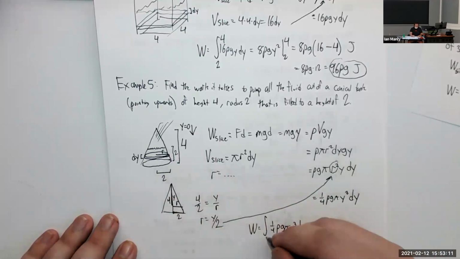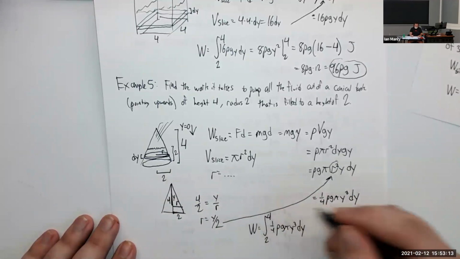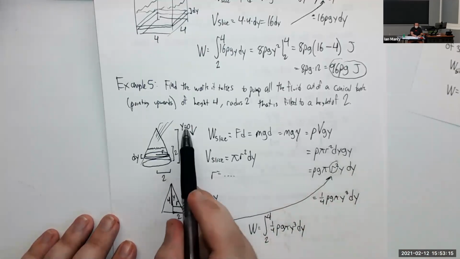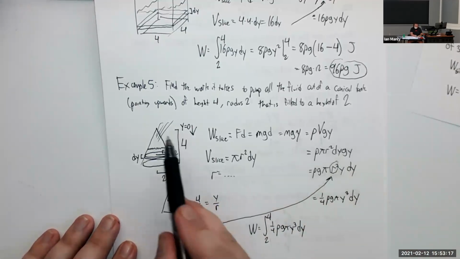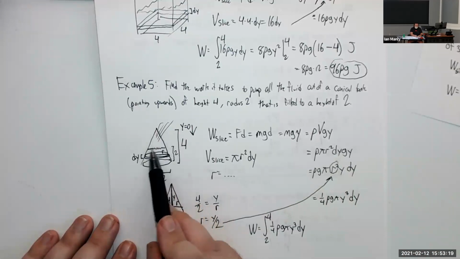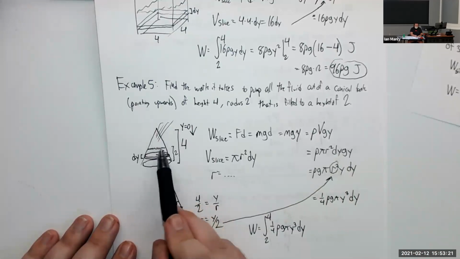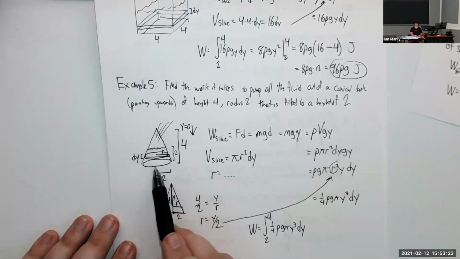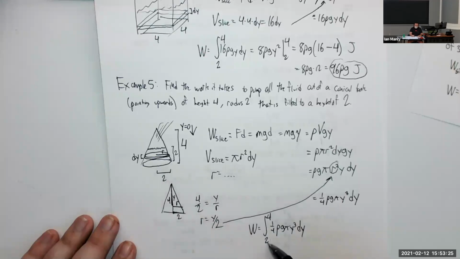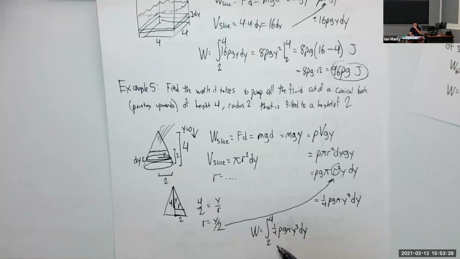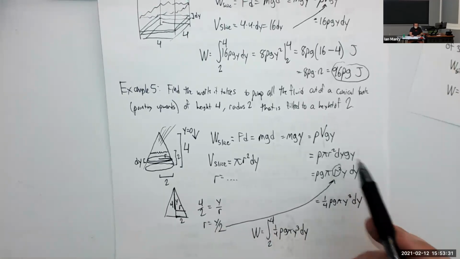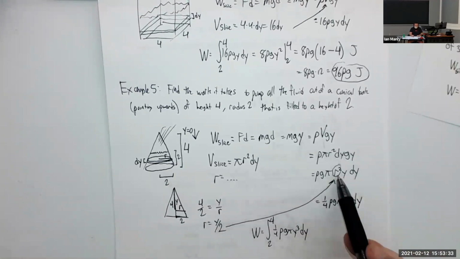It's going to be from 2 to 4, just like the last problem was. Because remember, if we start at y equals 0 at the top here, we need to go down 2 before we start seeing any water at all. Then we keep going, and once we hit the bottom, we're at 4. So 2 to 4 is where the water is right here. Why is it 1/4? Because when I substituted in the y over 2, I squared it, and squaring a half will give you a 4.